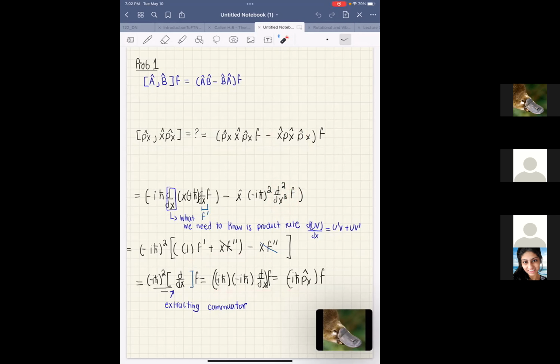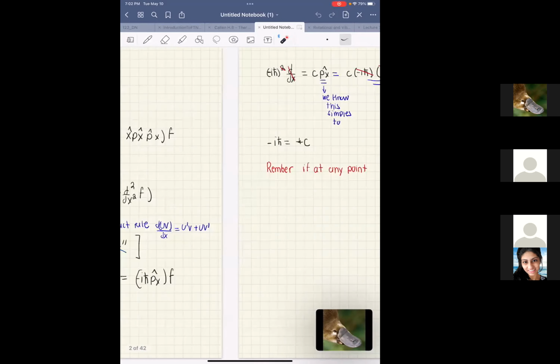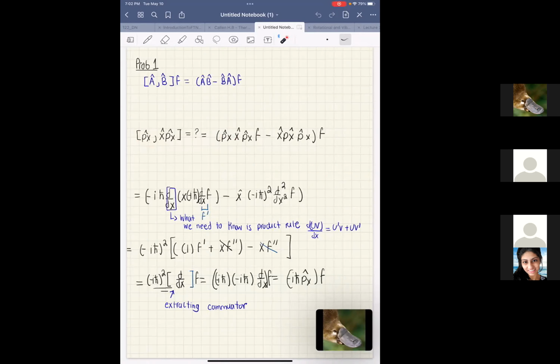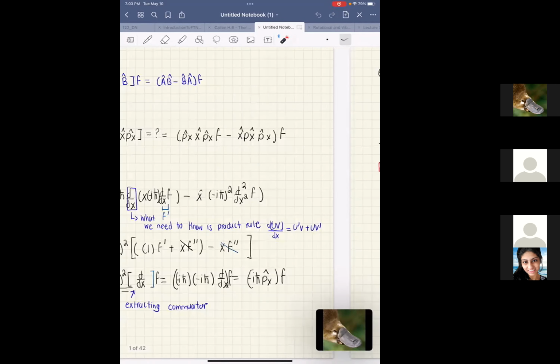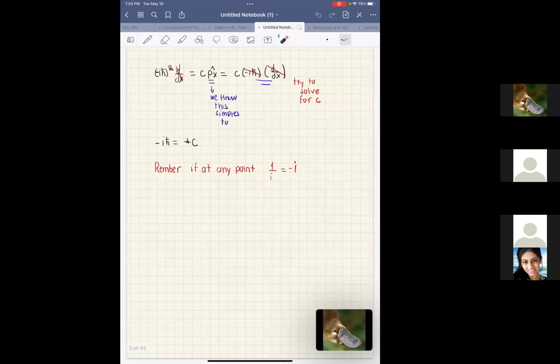The trick to this problem is you solve what the commutator is, but you also have to find what C is equal to. That's the main goal of this problem. So to do that, you go to the next page. You set this commutator equal to C times P of X, which is the momentum.